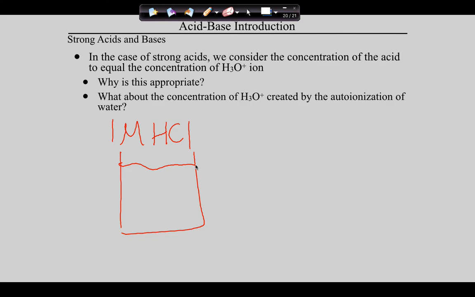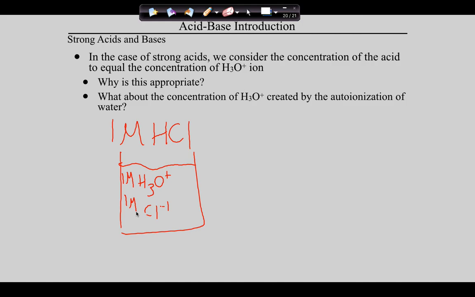None. Right? Where does the HCl go? It forms hydronium ion and it forms chloride ion. And guys, what are the concentrations of those in a 1 molar solution? 1 molar this and 1 molar that.